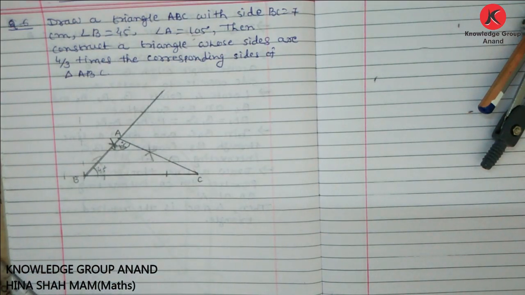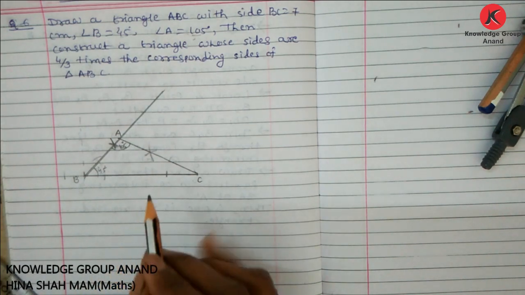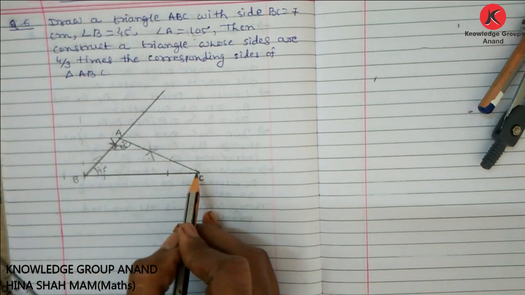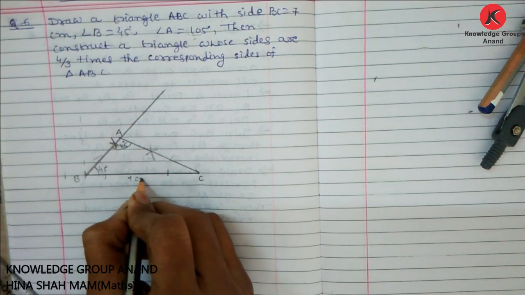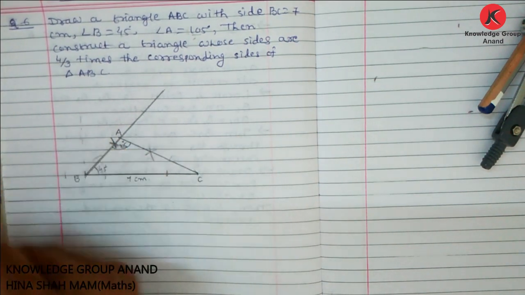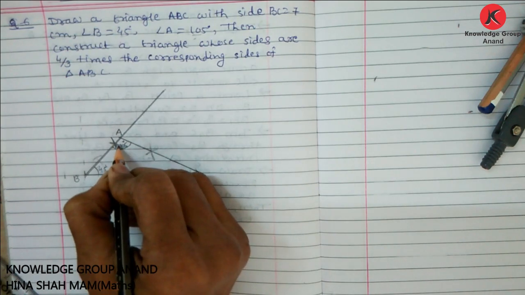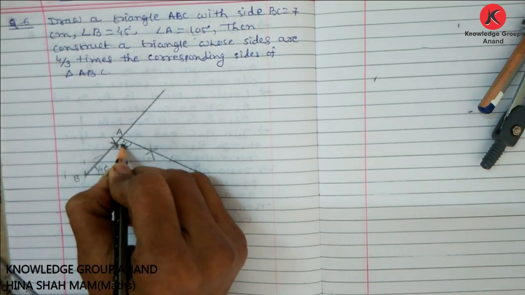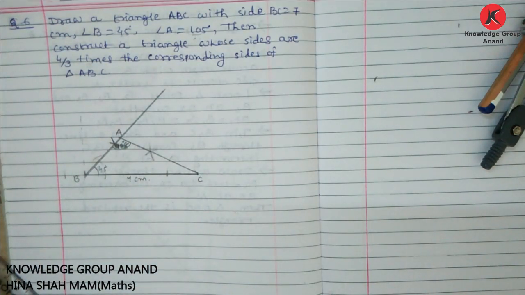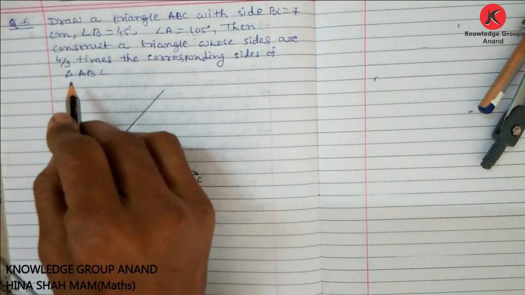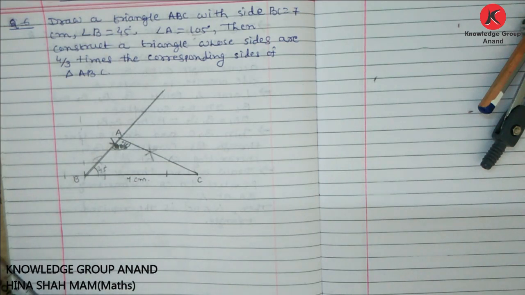Given triangle ABC with side BC is equals to 7 centimeter. Angle B is equals to 45. Angle A is equals to 105. Then construct a triangle whose sides are 4 by 3 times.